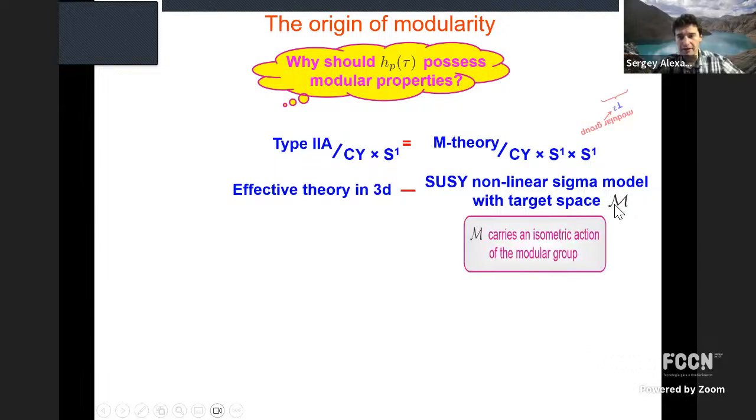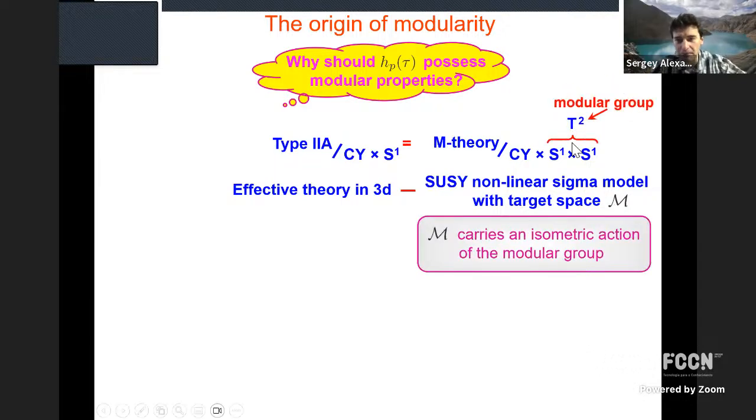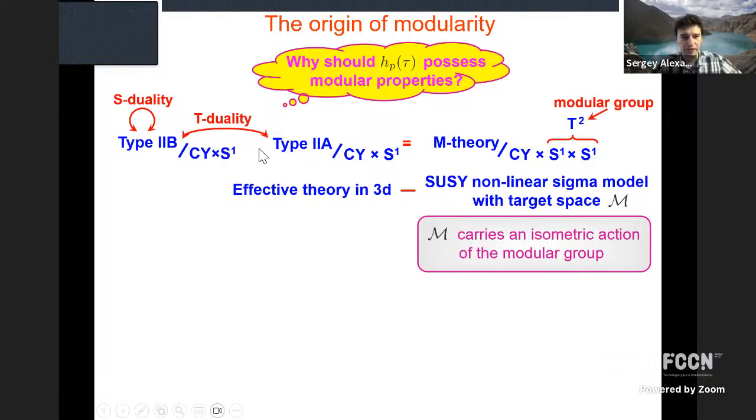And now you see that in the M theory setup, we have the product of 2 circles, which is a torus, and hence we must have the modular group SL(2,Z) in the game. And indeed, one can show that this target space must carry an isometric action of this modular group. And the same conclusion you can get if you work in the T-dual setup.